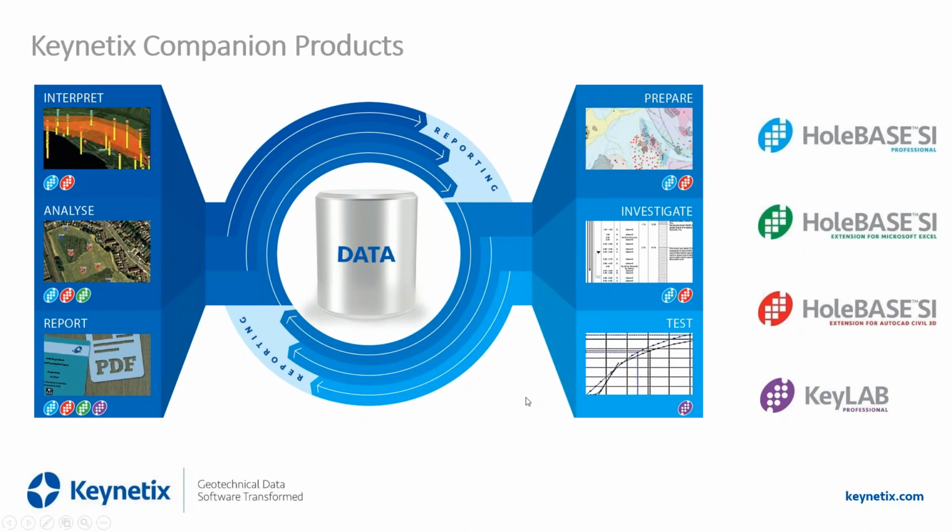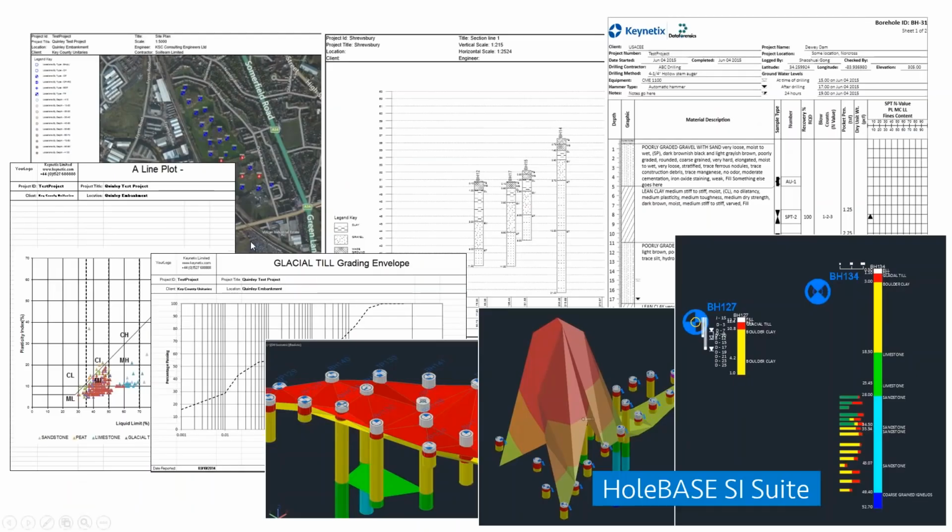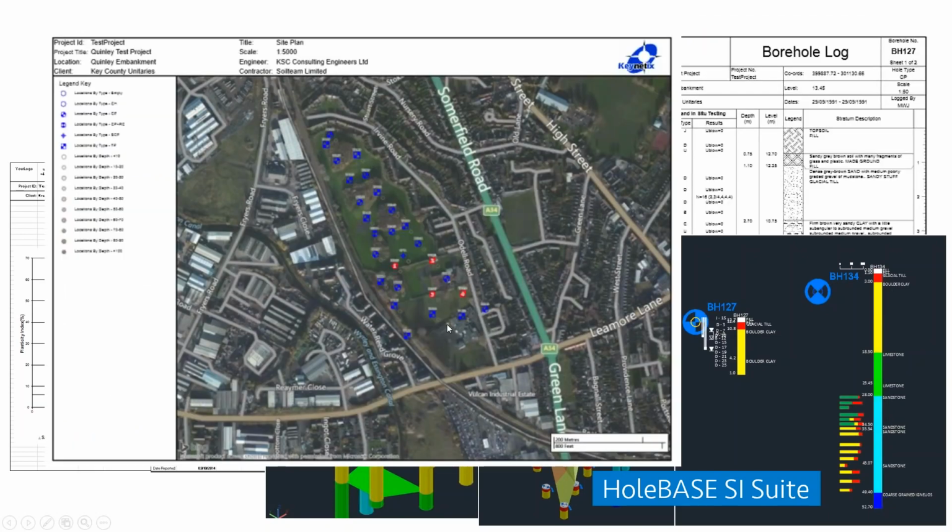So these are just an array of different outputs we have inside of the Civil extension, inside Holebase. So for instance, Holebase itself has an inbuilt GIS system. I mentioned to you before about planning where your SI is going to go, where you are going to drill your holes, where best to place them. So you can bring in GIS background mapping, and you can do that all within Holebase.